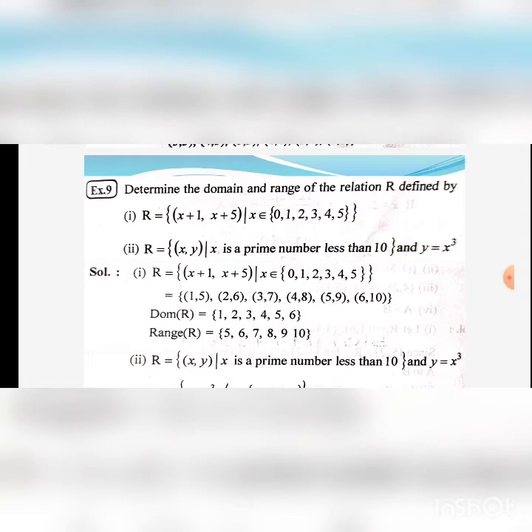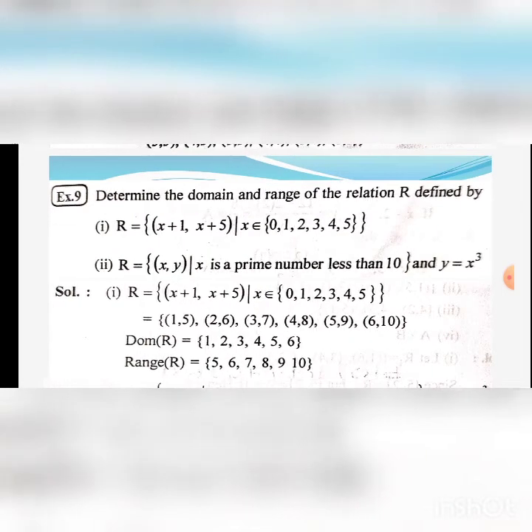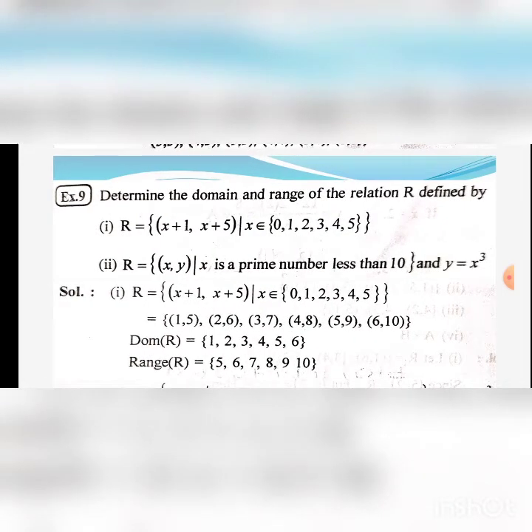See the next example. Determine the domain and range of the relation defined by: first, relation R equals ordered pairs (x+1, x+5) such that x belongs to {0, 1, 2, 3, 4, 5}.